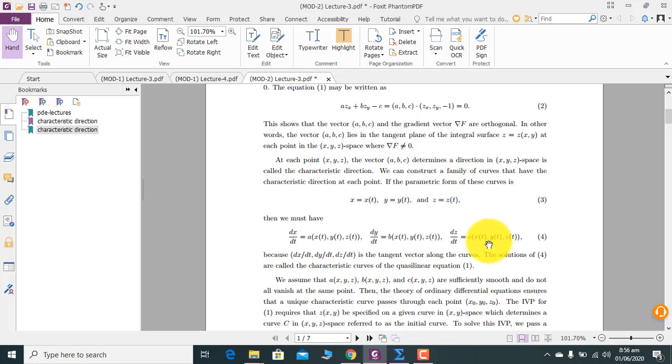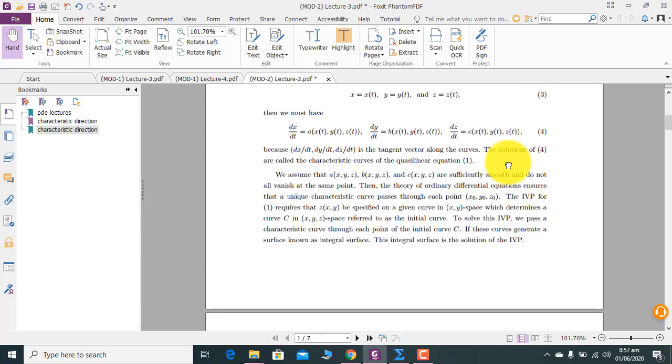So identically these have to be equated with the tangent components: dx/dt must be A, dy/dt must be B, and dz/dt must be C. So these are the components of the tangent vectors and the integral curve, and solving this system will give you the integral curve.